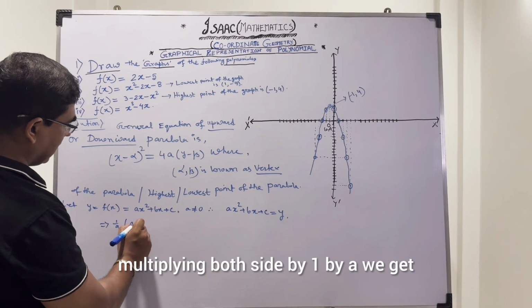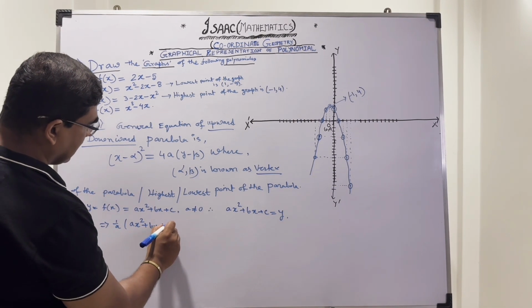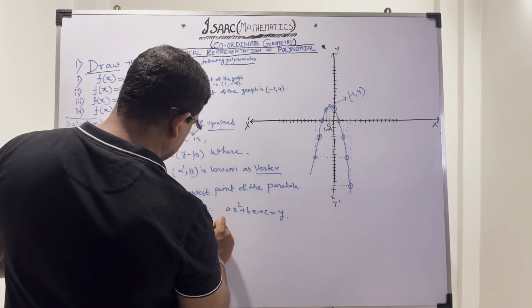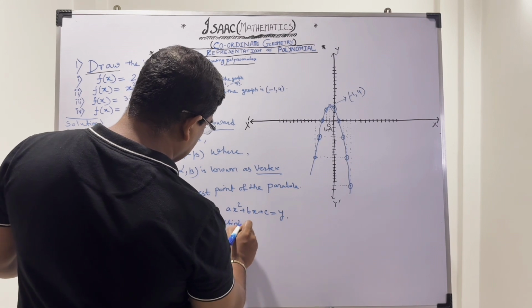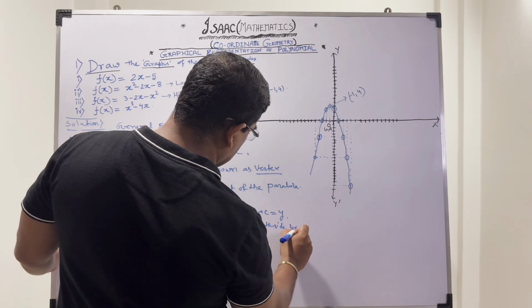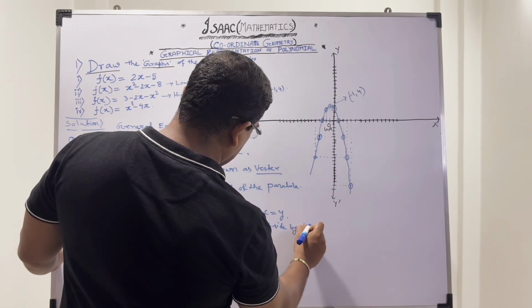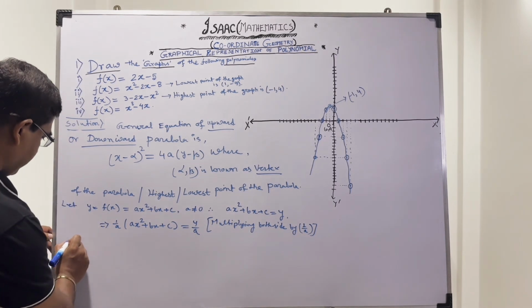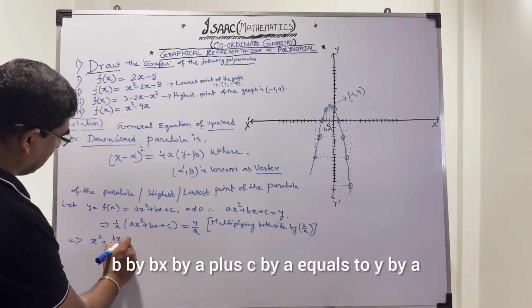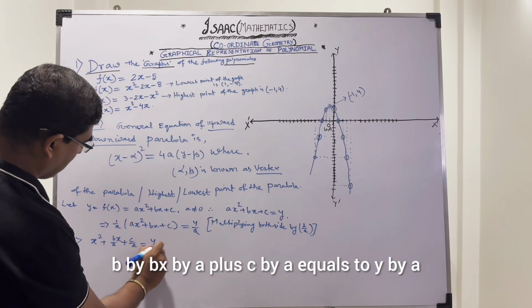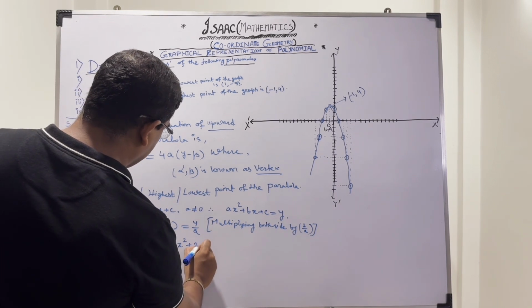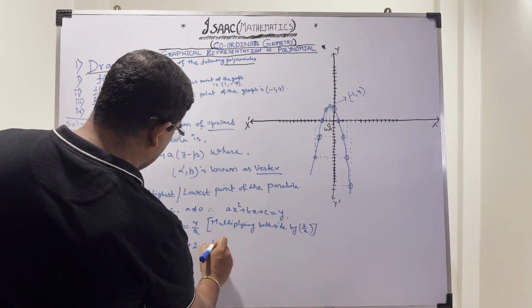Multiplying both sides by 1 by a, we get this. So this will give x square plus bx by a plus c by a equals to y by a. Now we can form an identity.